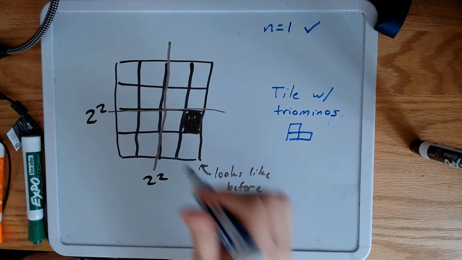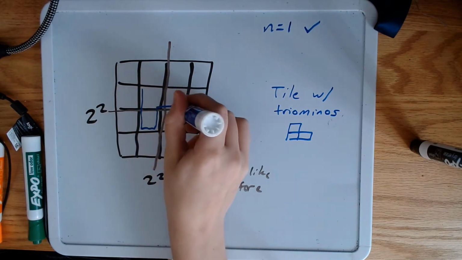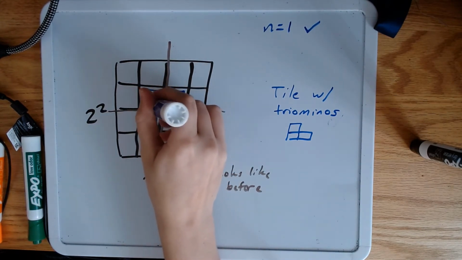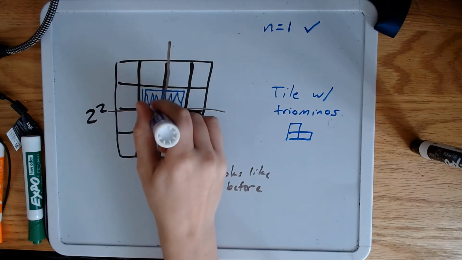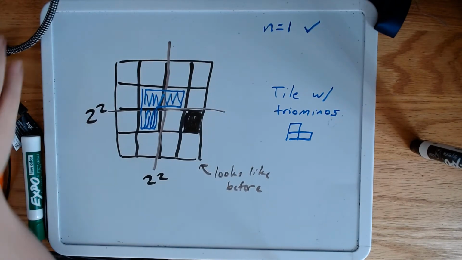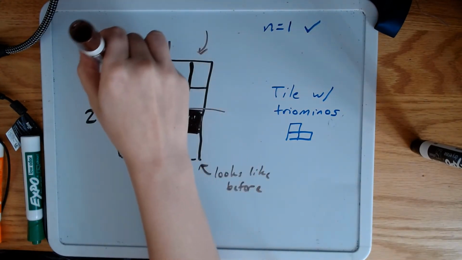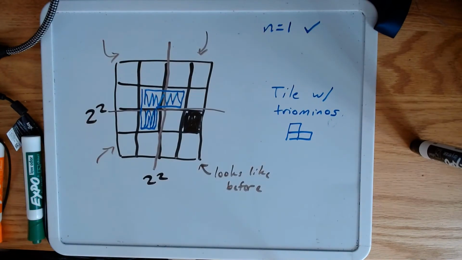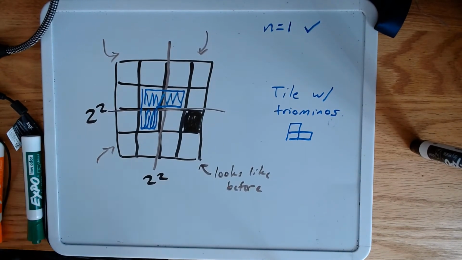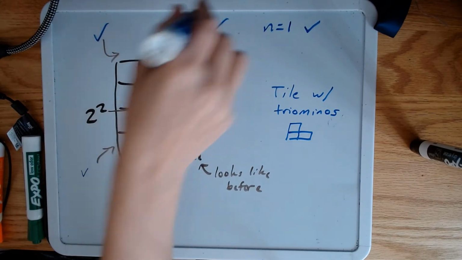Well, the answer is we put a triomino right here. And so now each one of these also looks like before. And so we can tile them.